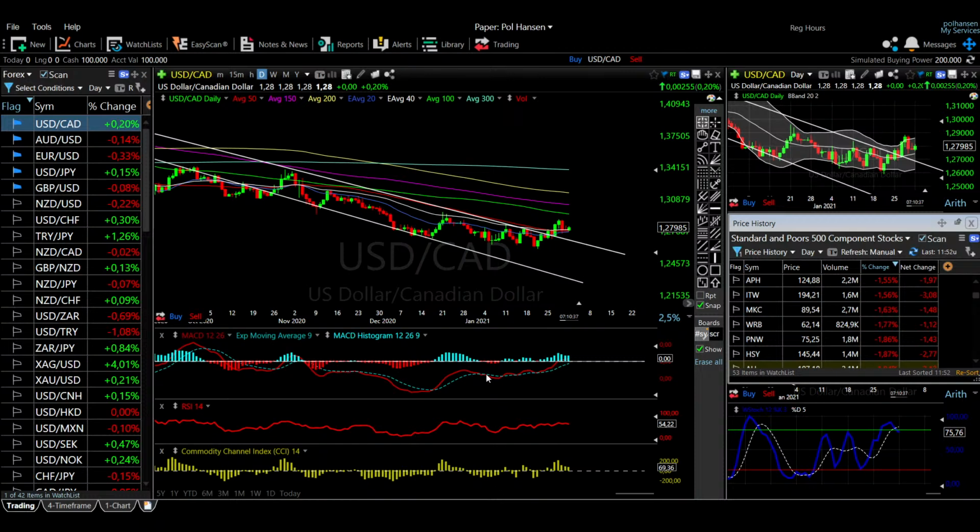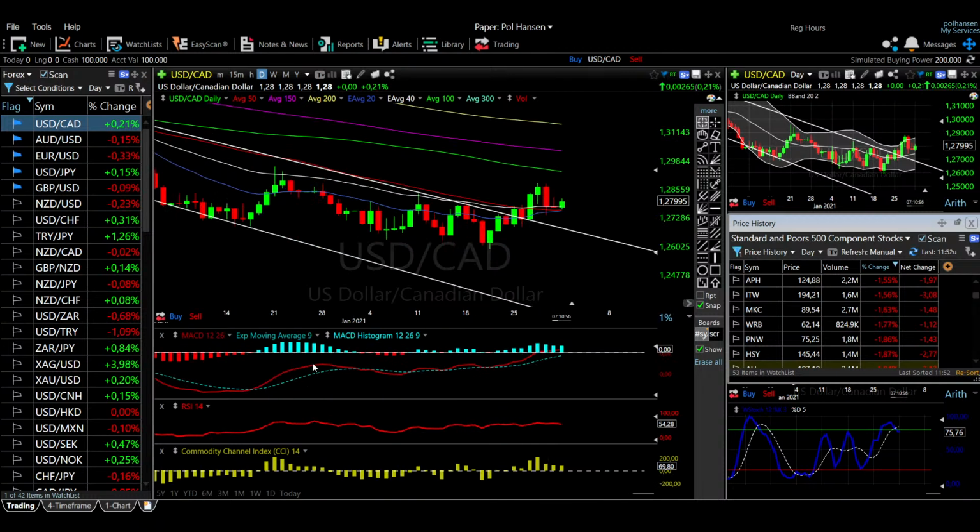So that is technically what you use the MACD for: to determine when you go from bullish to bearish, whether you are in an uptrend or a downtrend, and what the difference is between the signal line and the MACD line. You could basically say that these pillars here are also momentum. The bigger the pillar is, the higher the momentum is to the upside. The smaller the pillar is, the more it cools off until it changes direction.